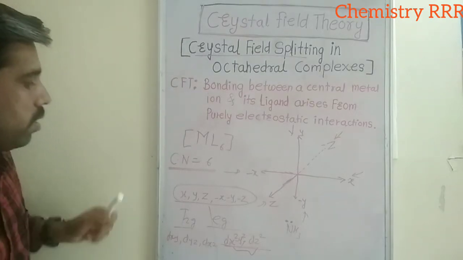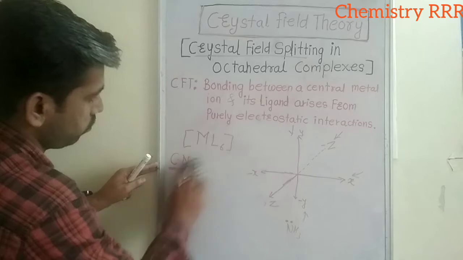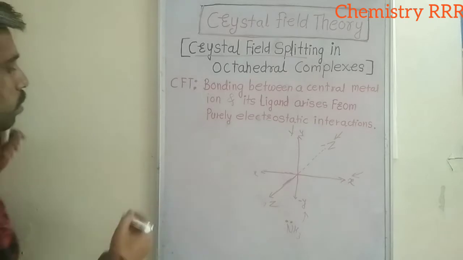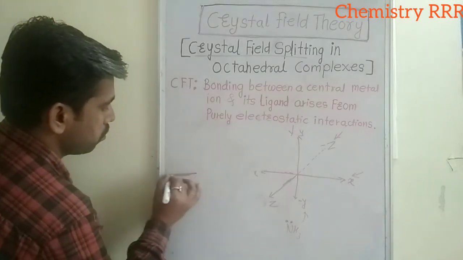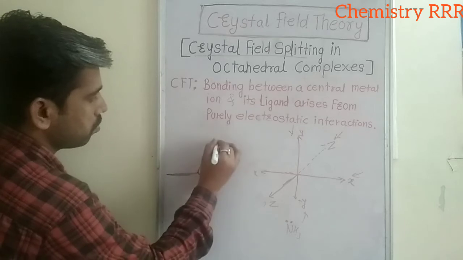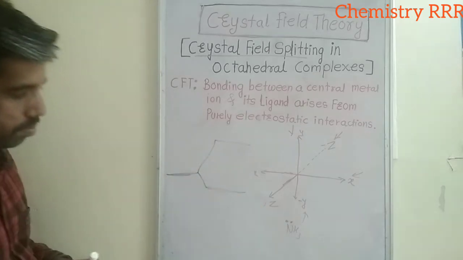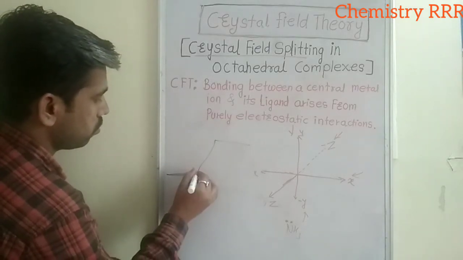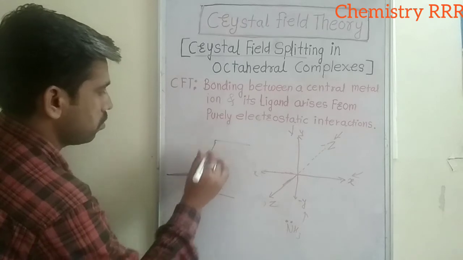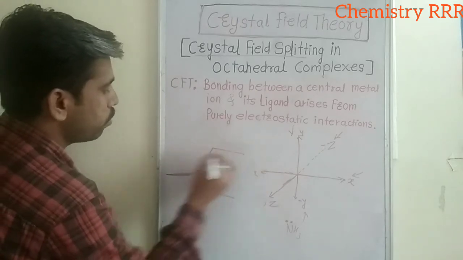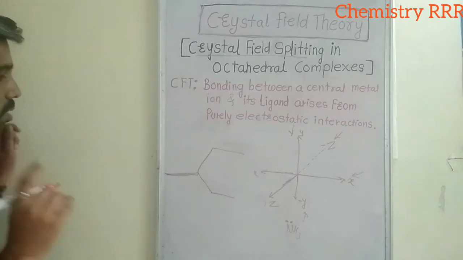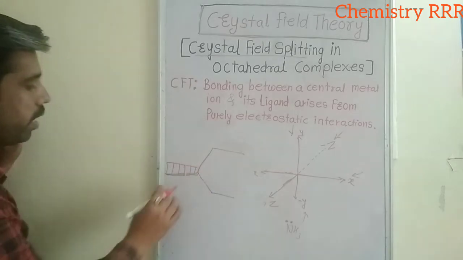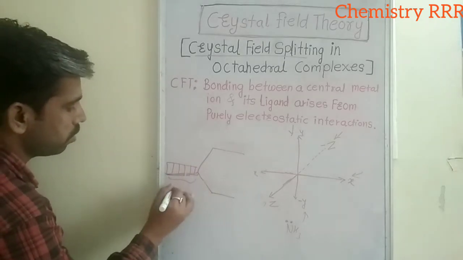So let's see the splitting of d orbitals in case of octahedral complexes. Now all the 5 d orbitals are in a degenerate level.